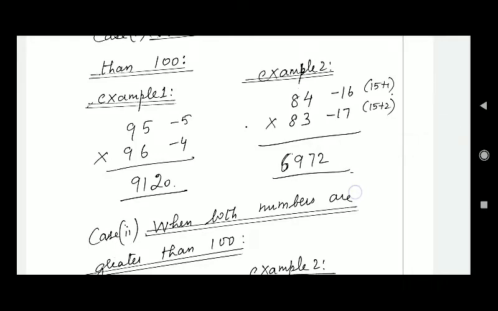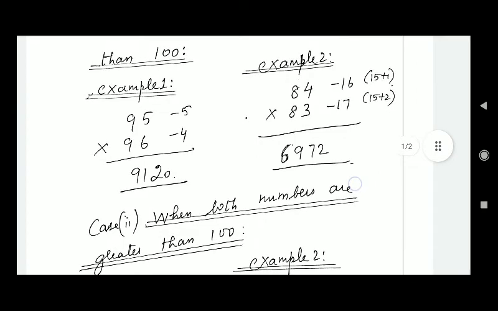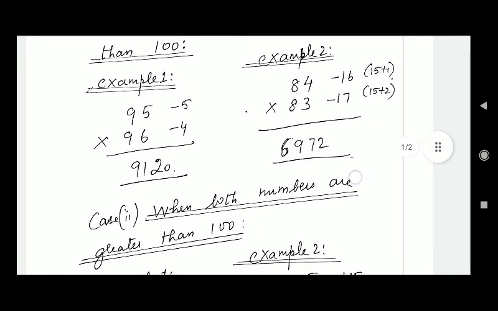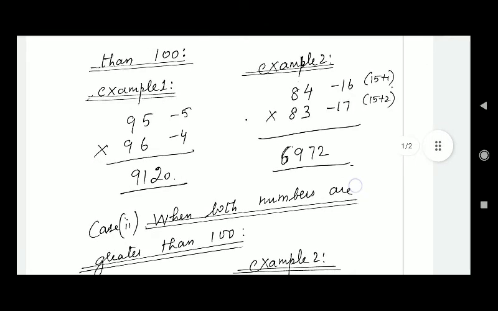The easier way would be, since I know the value of 15 square, 16 can be written as 15 plus 1 and 17 can be written as 15 plus 2. So it's in the format of x plus a into x plus b, which is nothing but x square plus a plus b times x plus ab.